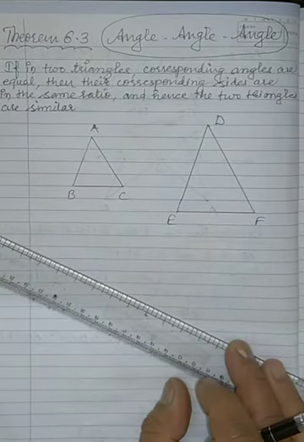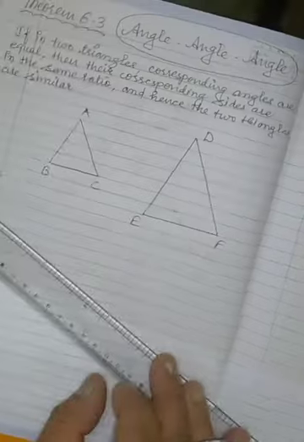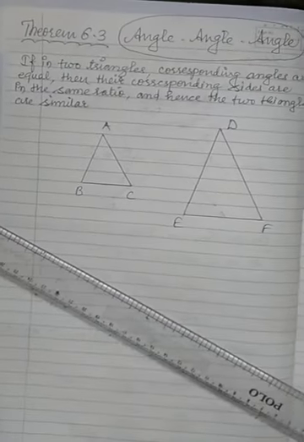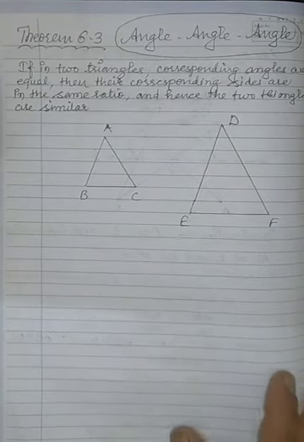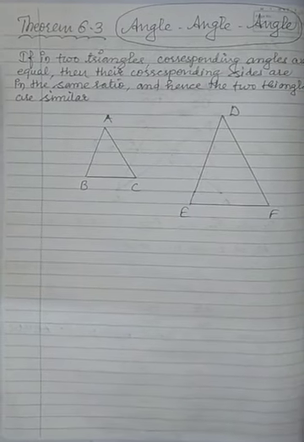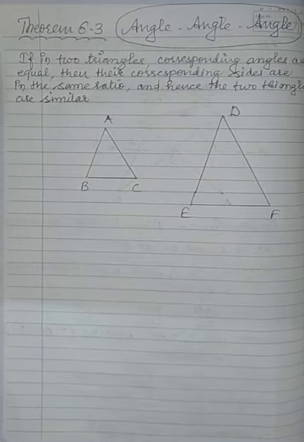You can see here I have taken two triangles of unequal sizes because we are going to prove here similarity, not congruency. That's why I have taken two unequal sized triangles.